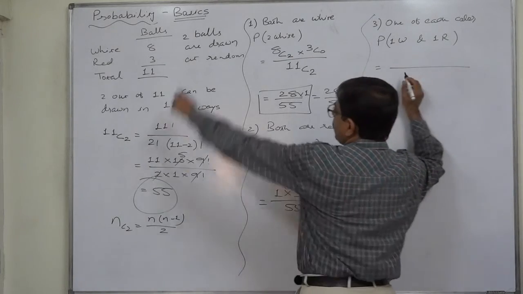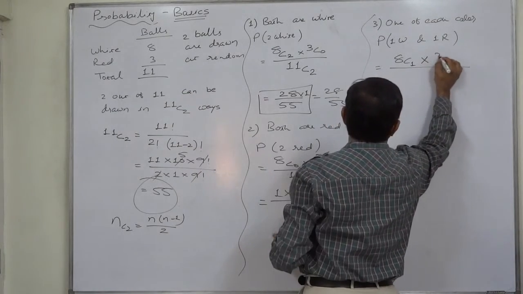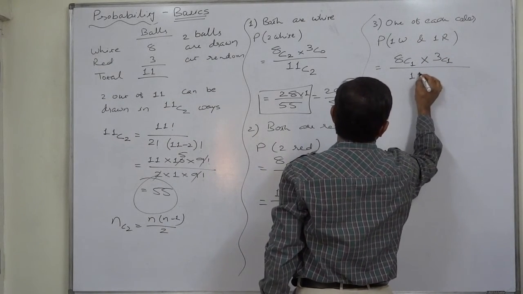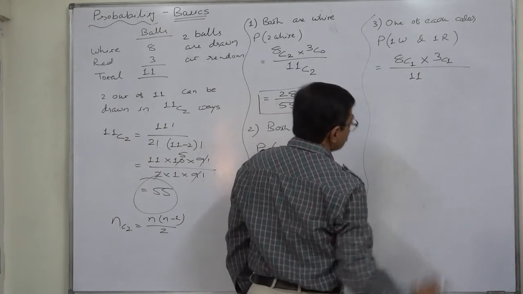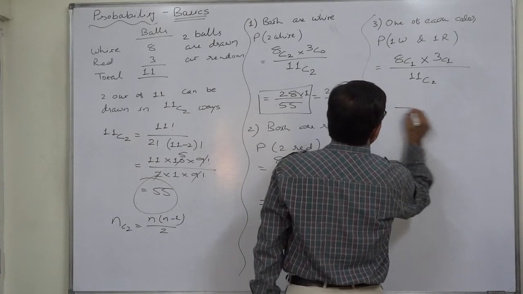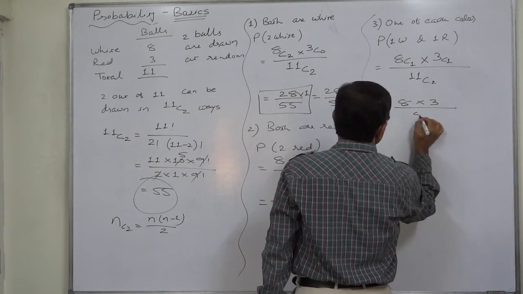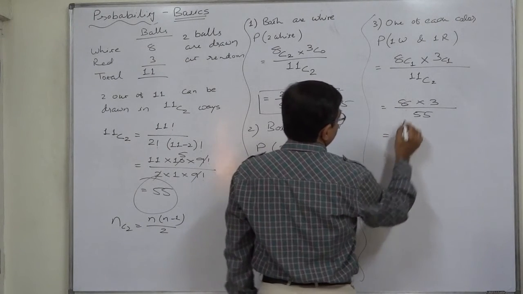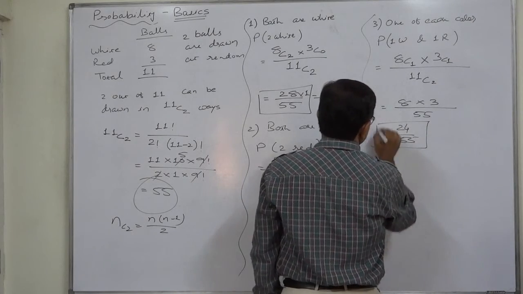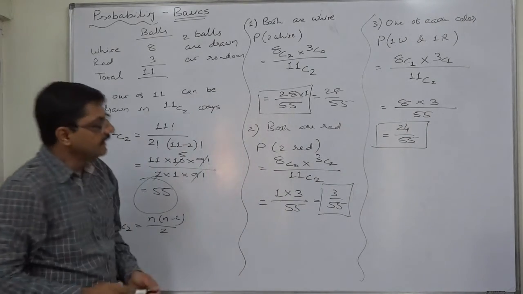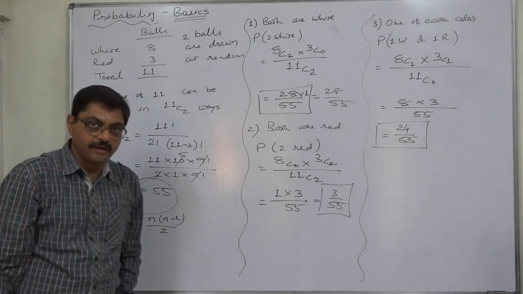One white out of 8, 8C1, and one red out of 3, and total 2 out of 11. 8C1 is 8, 3C1 is 3, 11C2 is 55. 8 into 3, 24 by 55. So the probability of drawing one ball of each color is 24 by 55.